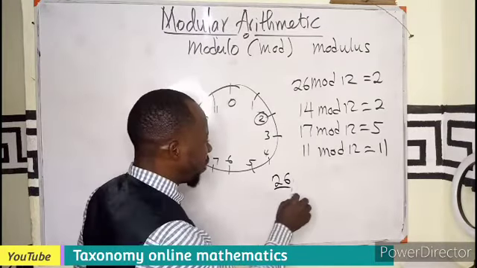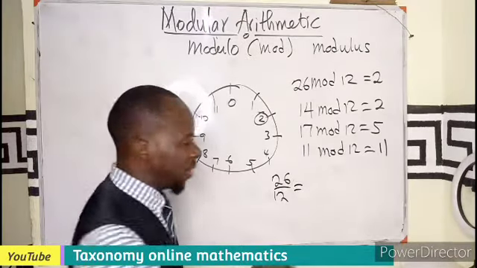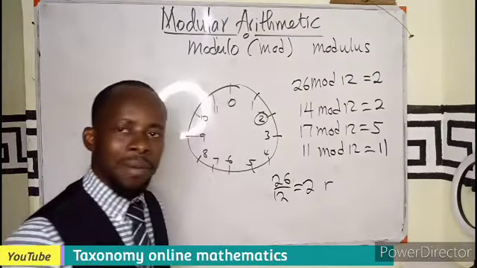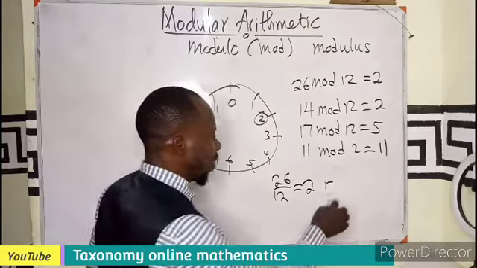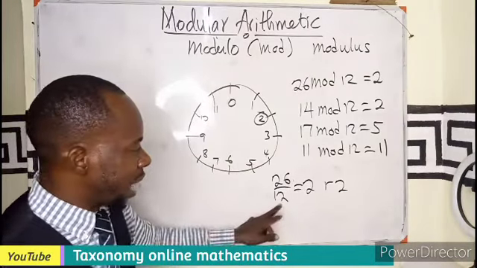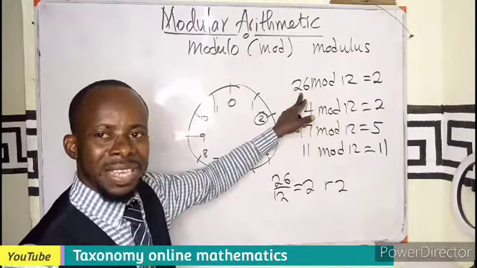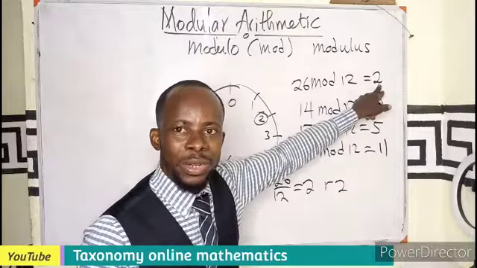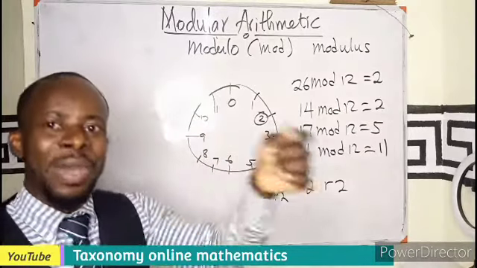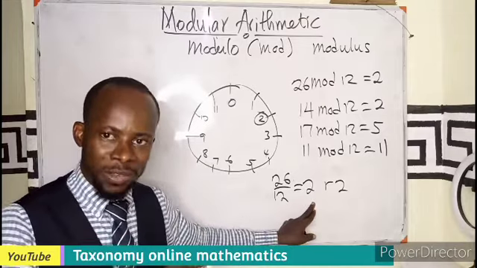If I divide 26 by 12, I get 2, and the remainder will be 2. Do you get it? So dividing this, what we state is the remainder. We don't need the answer, which is the quotient.